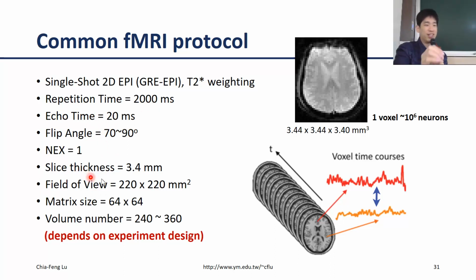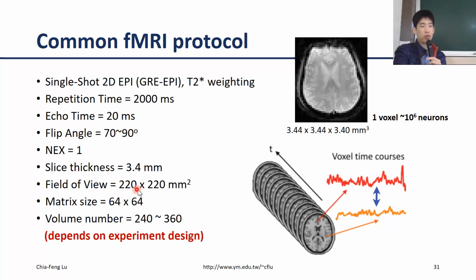You don't really need to know them all, but you should know the spatial resolution. For example, the slice thickness is around 3.4 millimeters. It's actually pretty huge. And the matrix size, I mean the image size, is around 64 by 64.